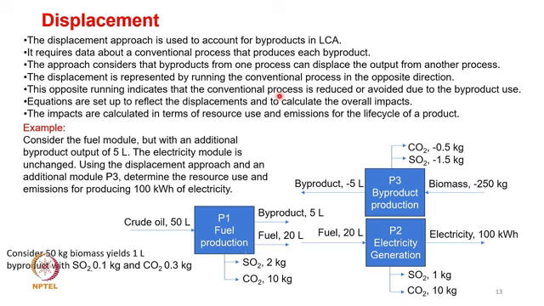So how to account for this is by doing this reverse calculation. The opposite running indicates that the conventional process is reduced or avoided due to the byproduct use. Then we have to adjust or account for these in terms of the overall impacts calculation.